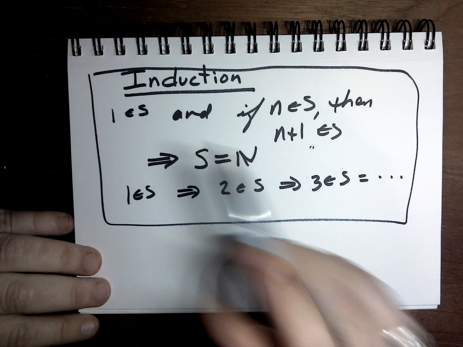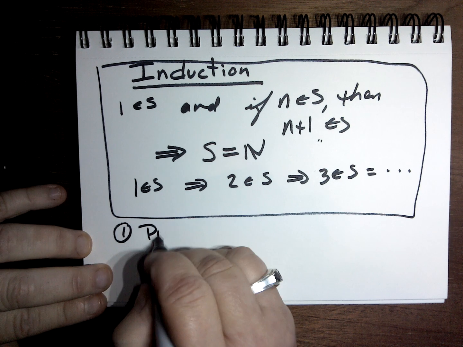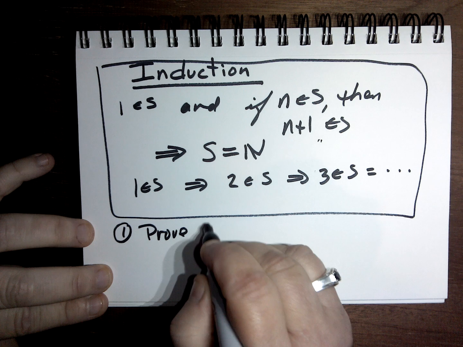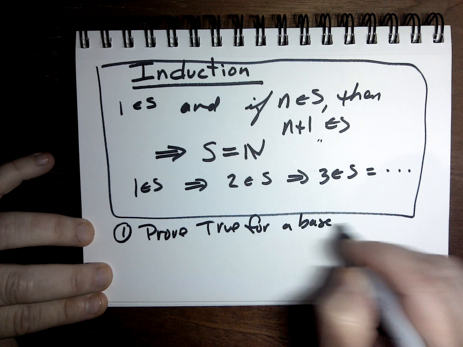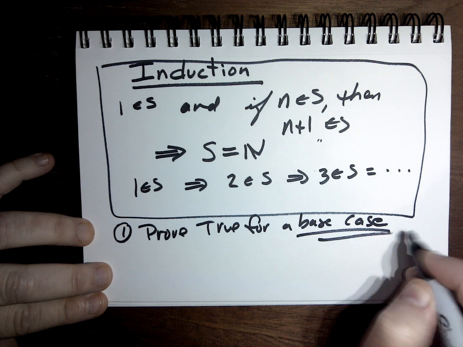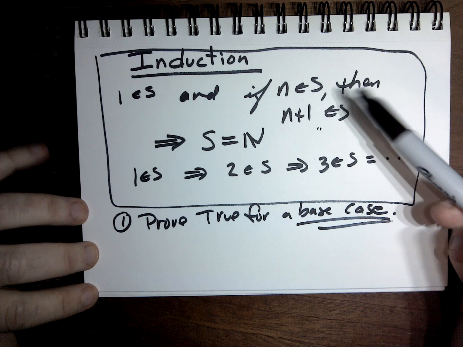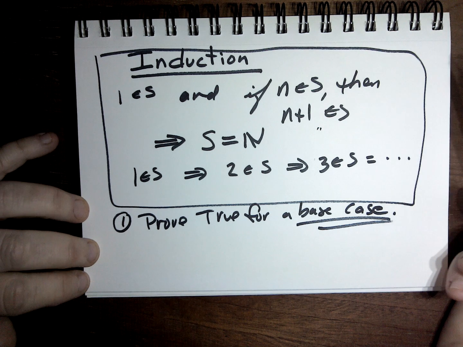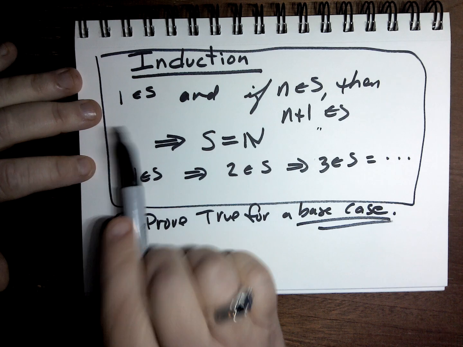So to prove something by induction, we first prove it's true for a base case. You have to prove it's true for something because if n is in there, the next one is in there, but if n isn't in there, you're screwed. So you need to make sure that S is not empty.